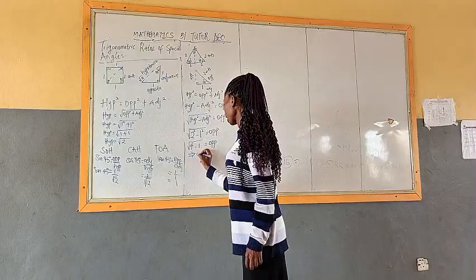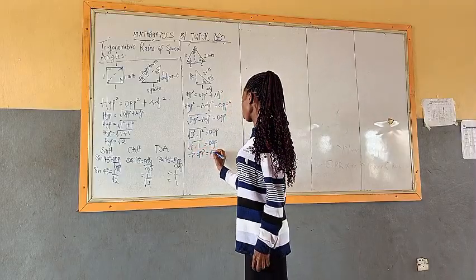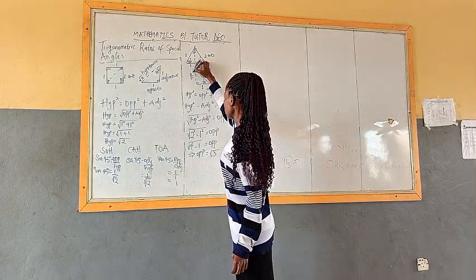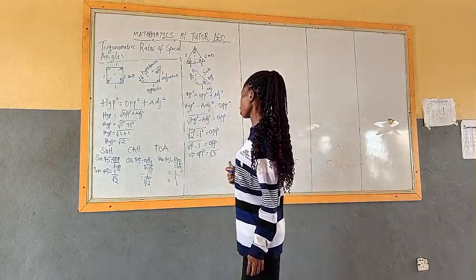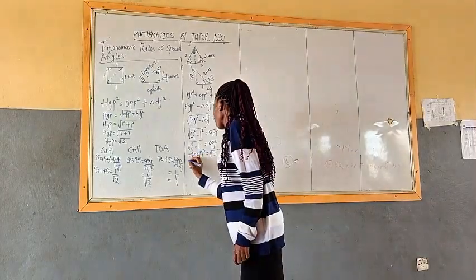Therefore, our opposite is equal to root of 4 minus 1, which is 3. So our opposite is root 3 in this case.